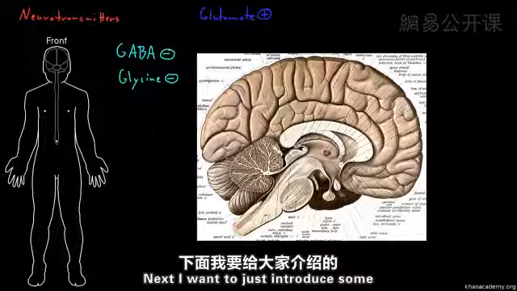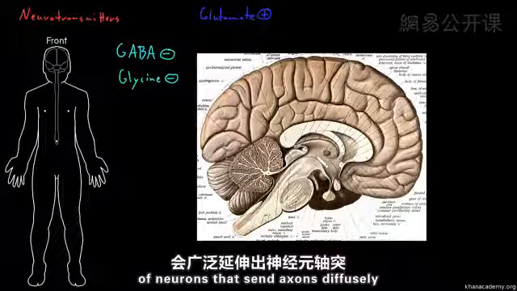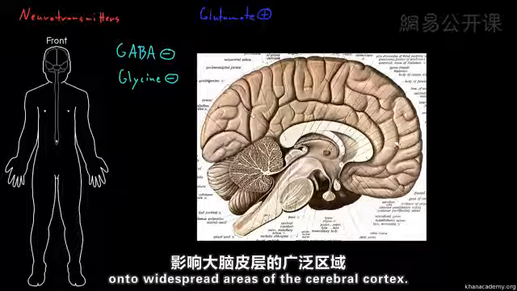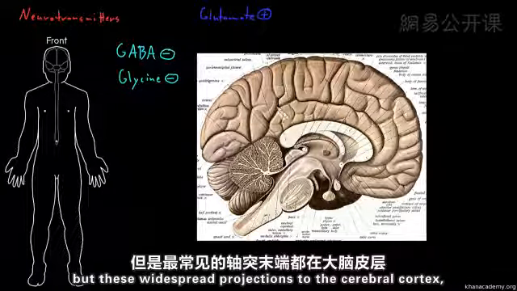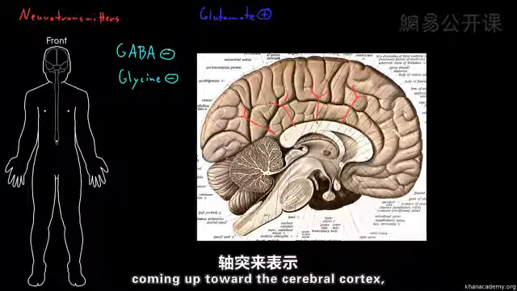So next I want to just introduce some of these areas of the brain that have collections of neurons that send axons diffusely to release specific neurotransmitters onto widespread areas of the cerebral cortex, and often other areas as well. But these widespread projections to the cerebral cortex, let me just kind of represent these by a few axons coming up toward the cerebral cortex.